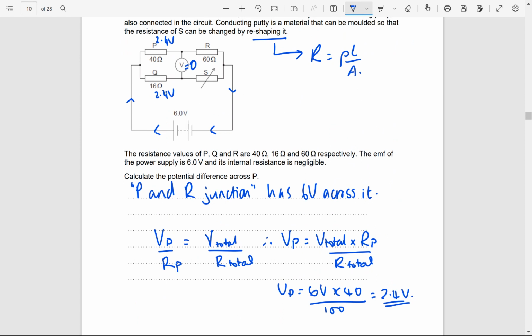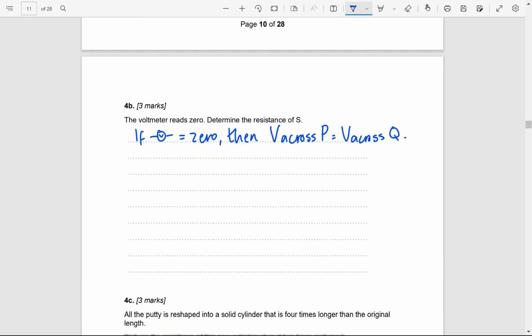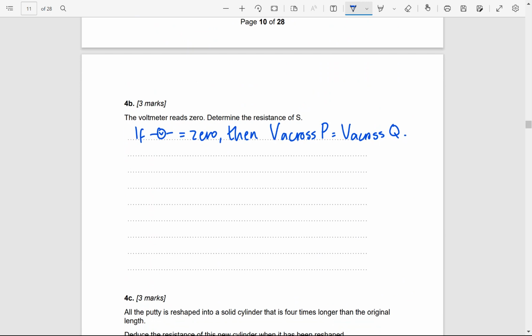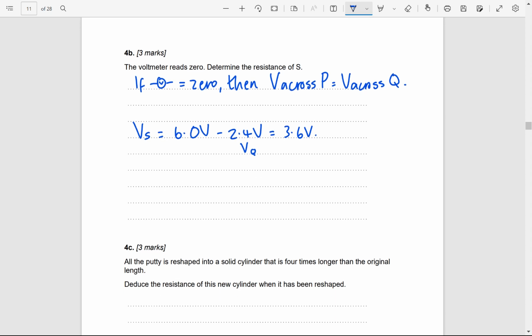So we know that if 2.4 volts is going through Q, then we can work out how much voltage is going through S. So the voltage through S is the 6 volts traveling through minus the 2.4, the voltage through Q, and that's 3.6 volts.